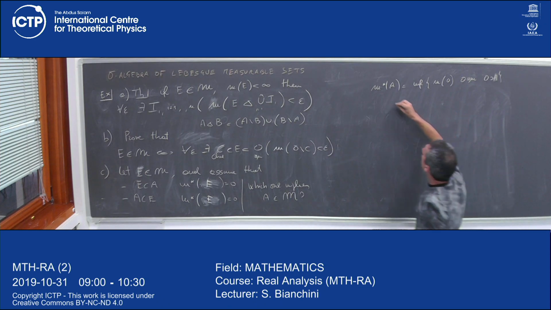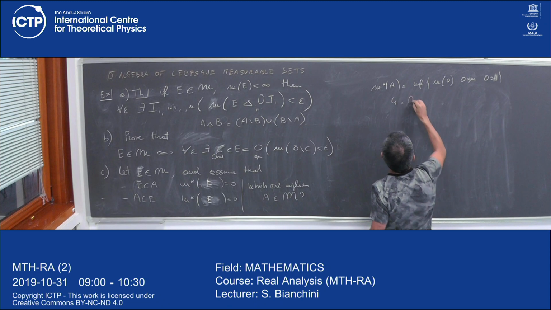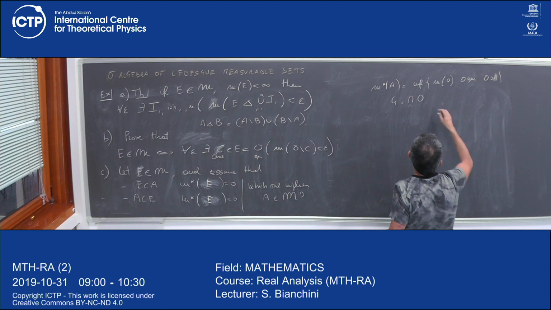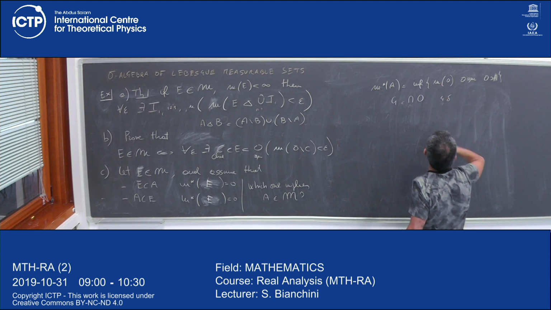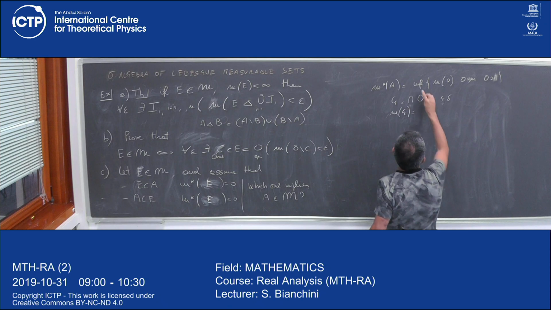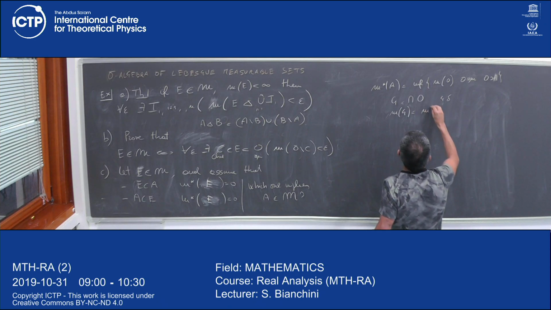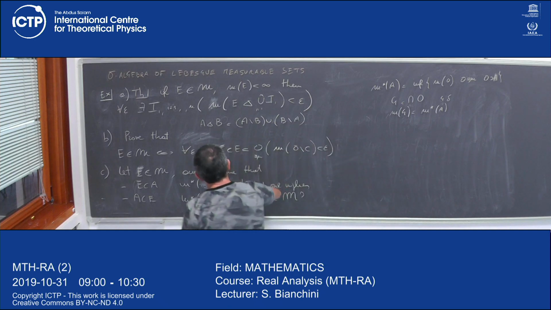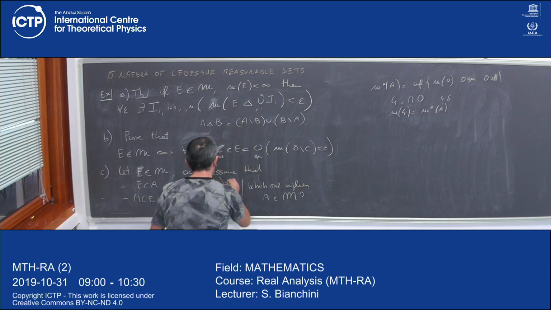And then if you take countably many sets, it is the G delta. And now the M of G is equal to the infimum, so it is M star of A. Ah, gosh, I'm sorry, this is the condition.